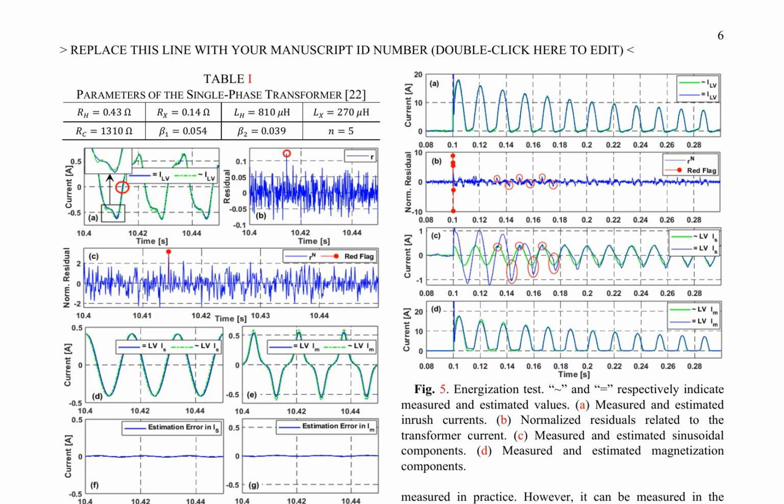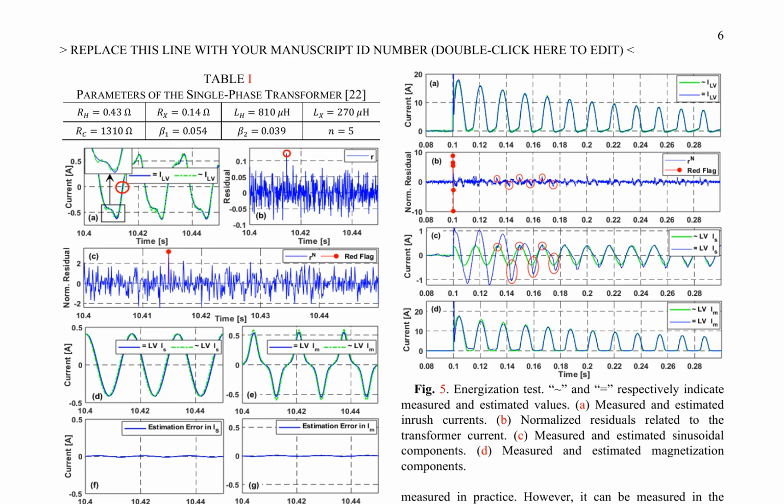The following summary presents the results of the no-load test and energization test using the proposed method for estimating transformer currents. A single-phase transformer was used in the experiments, with parameters including resistances, inductances, and other relevant values listed in Table I. The no-load test results are presented in Fig. 4, where the measured and estimated no-load currents on the low voltage, LV, side are compared.